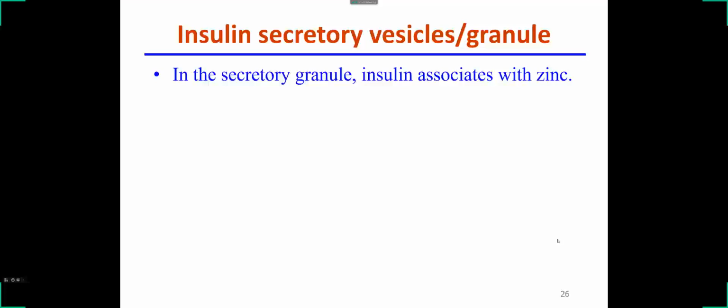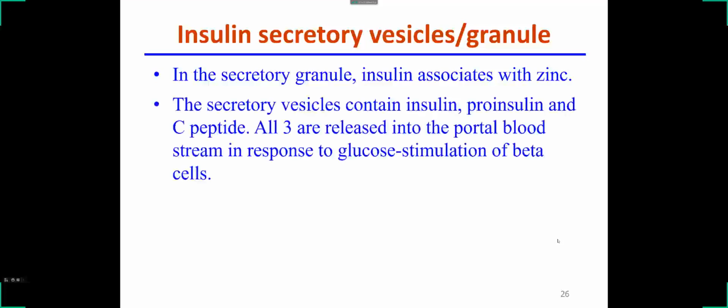In this case for insulin, it can associate with the ion zinc. And this helps maintain the fold and keep the insulin protected and active. So the secretory vesicles contain this mature insulin, the proinsulin, and the C-peptide, and all three are released into the portal bloodstream in response to glucose stimulation of beta cells.